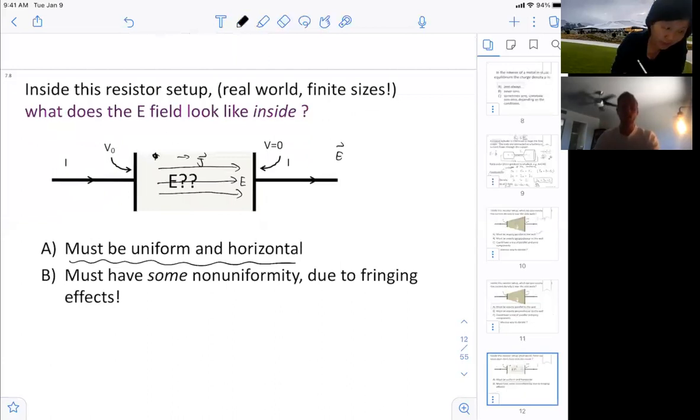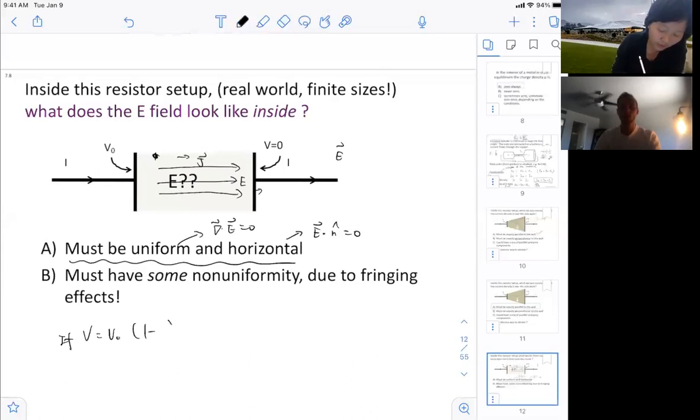Uniform meaning the divergence of E is 0, horizontal meaning that E is perpendicular to the end surfaces, to your end walls.